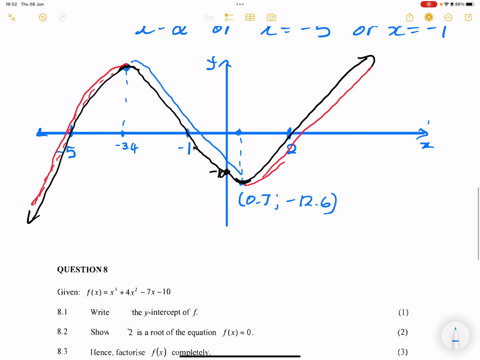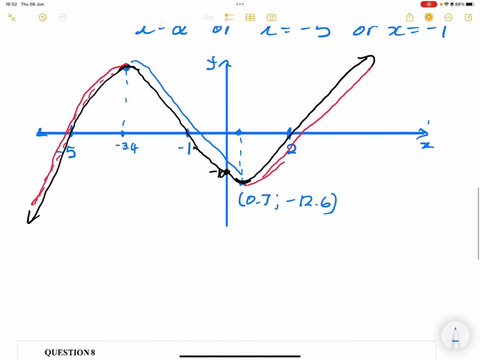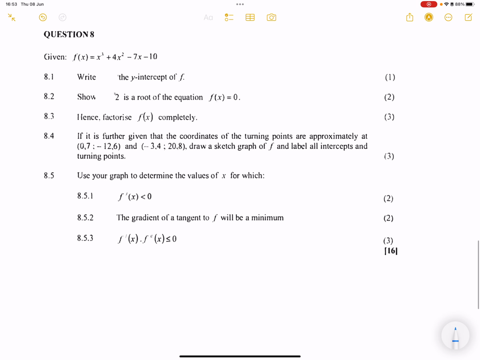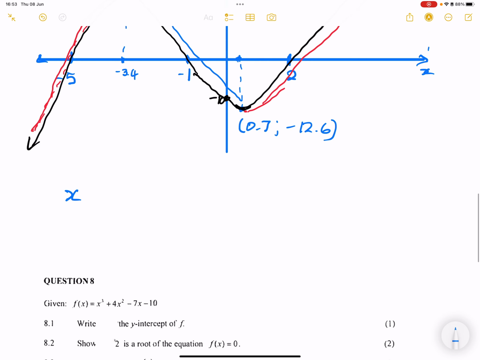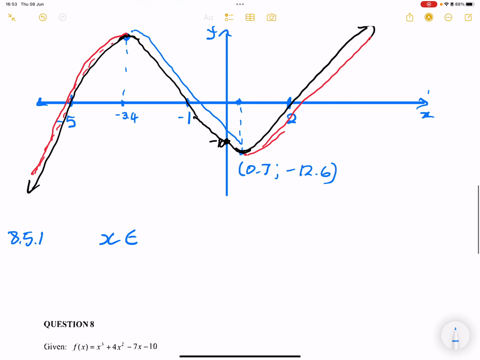So in giving the answer, that's 8.5.1. We say the gradient is negative where x is an element of negative 3.4, from the x value of this turning point, negative 3.4.